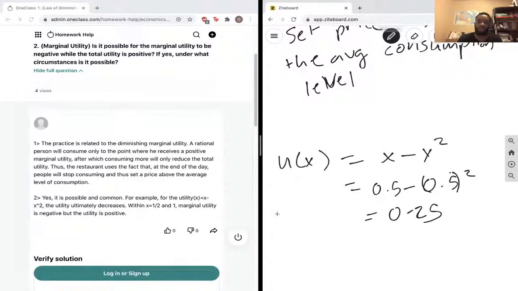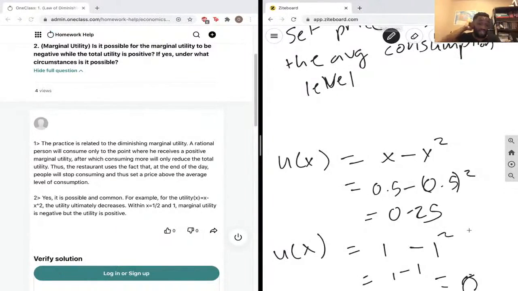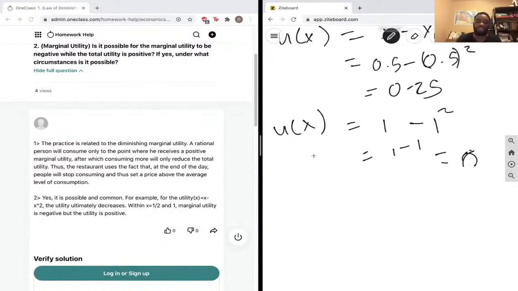And u(x) if x was equal to 1 would be 1 minus 1 squared, which equals 1 minus 1, equal to 0. It's not negative, but the marginal utility actually is negative, because 0.5 minus 1 gives a marginal utility of negative 0.5. So this is a good example.